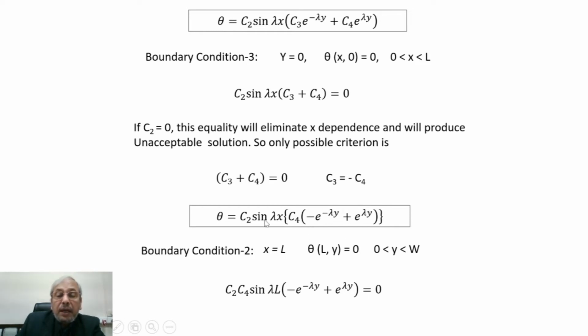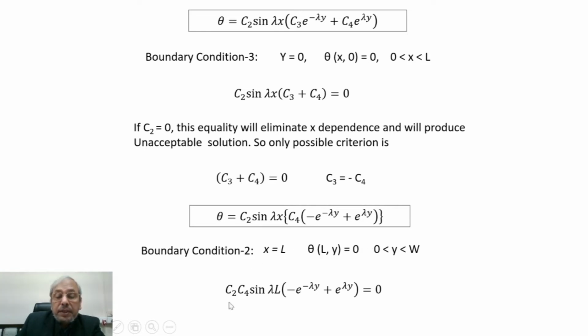So here if we substitute x equal to L, we can write C2 C4 sine lambda L into minus e to the power minus lambda y plus e to the power lambda y equal to 0.